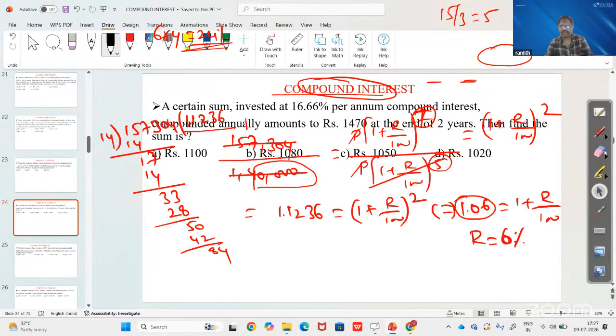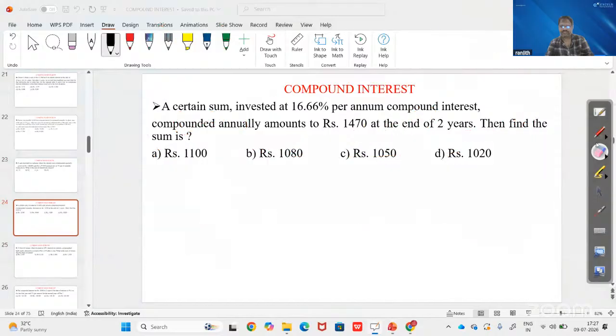Next, what is the answer here? Anyone? What is the answer? Easy one.